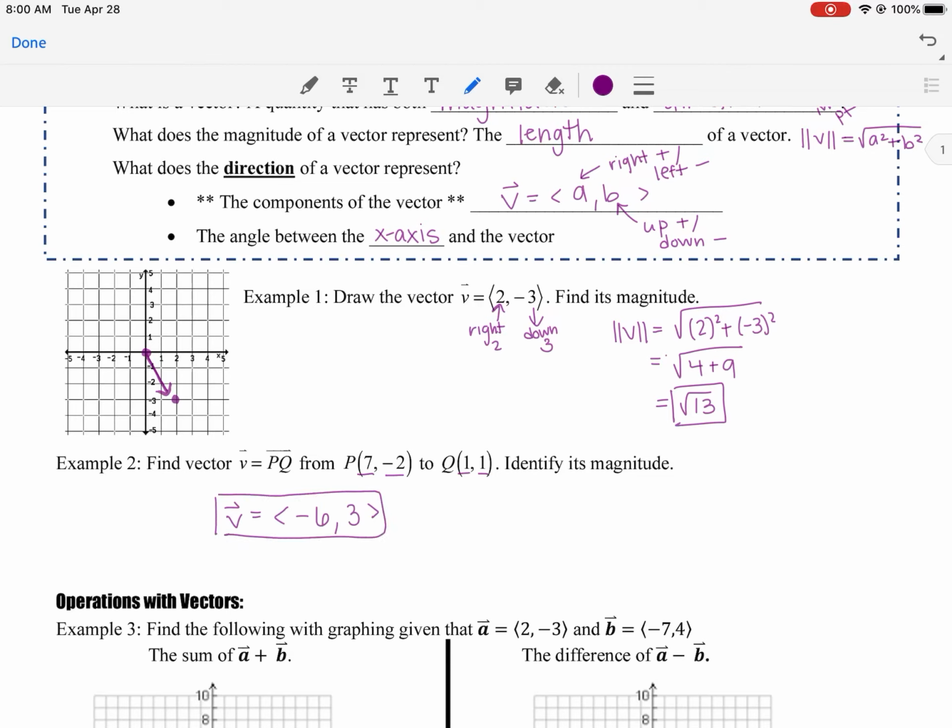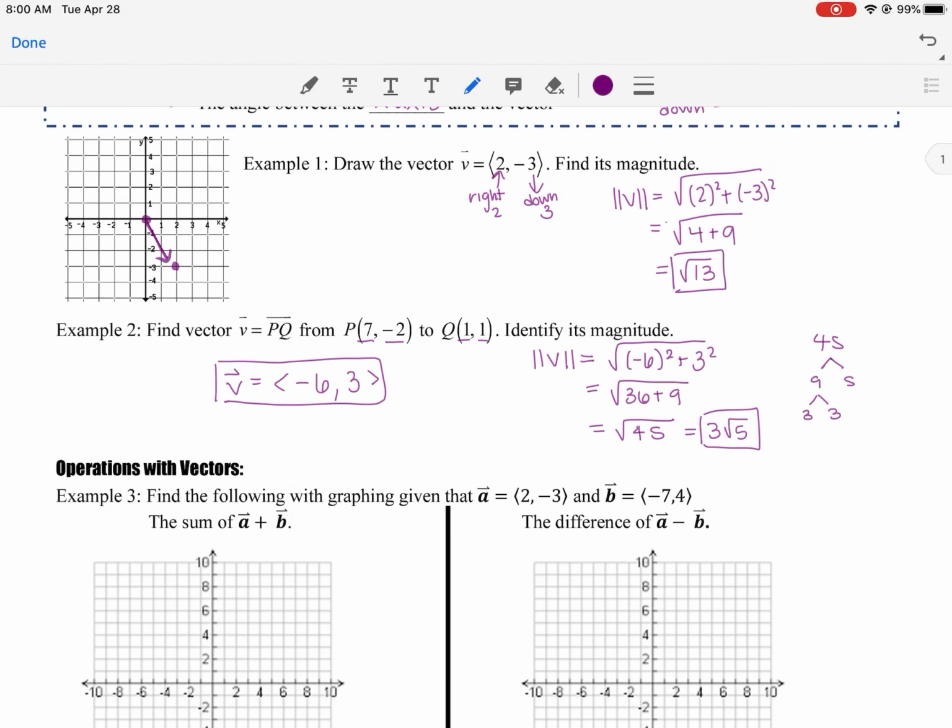If I ask for the magnitude, we take the x component, negative 6, squared, plus the y component, 3 squared. So we get the square root of 36 plus 9, which is the square root of 45. If you want to simplify, 45 breaks down to 9 and 5, and 9 breaks down to 3 and 3. This is equivalent to 3 square root of 5.